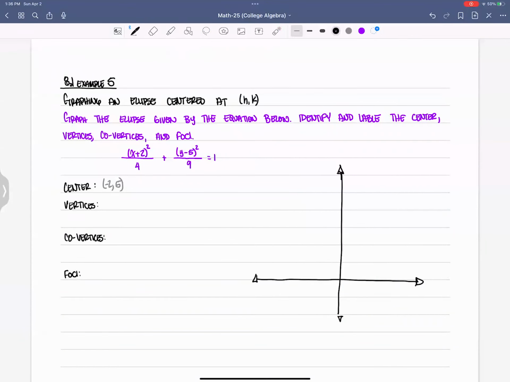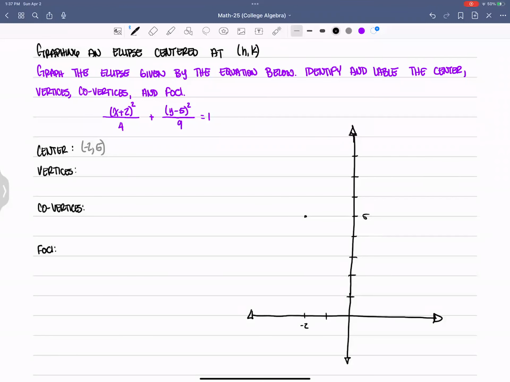If not, we'll fix it. All right, center at x is -2, y is 5. So far, this is our center. Much better. So center at -2, 5, we went out 1, 2 units and went up 1, 2, 3, 4, 5 units. That's our center.